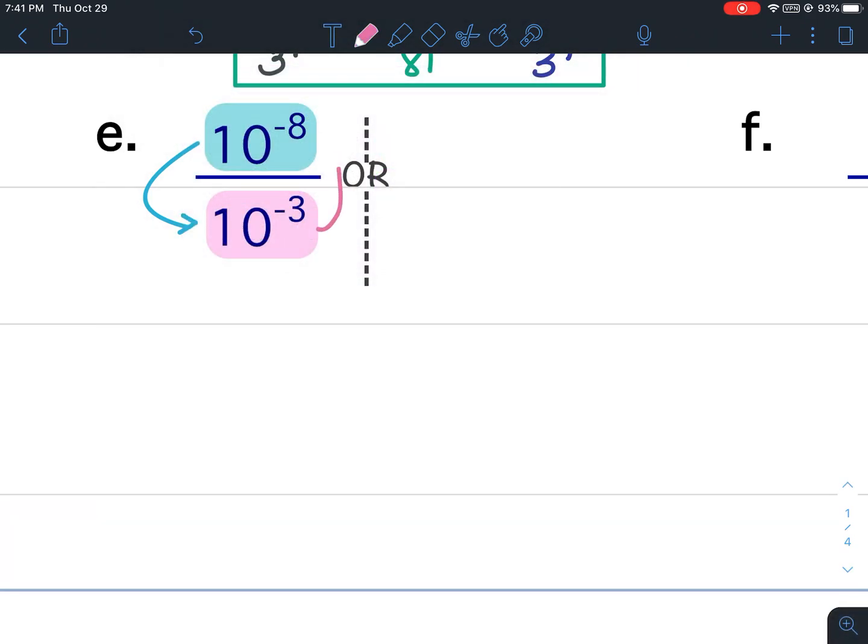And because this one has a negative exponent, I want to move it to the numerator to make it positive. So in other words, I'm flipping and doing the reciprocal of the entire thing. So this would be 10 to the third in the numerator and 10 to the eighth in the denominator.